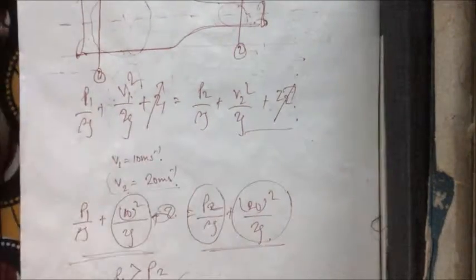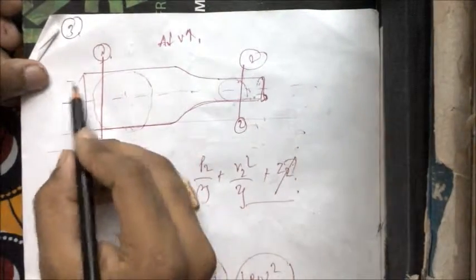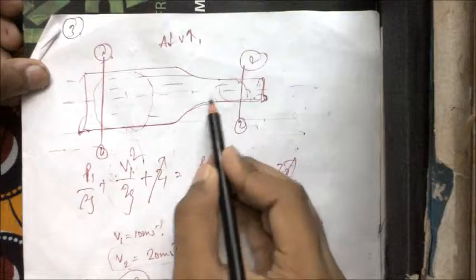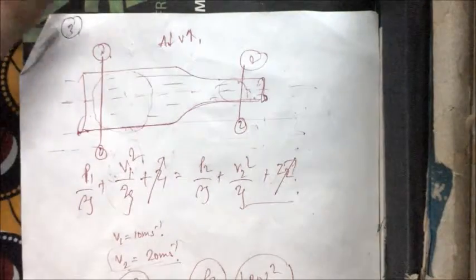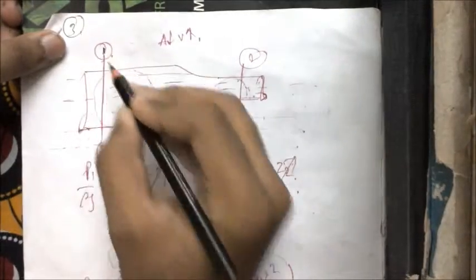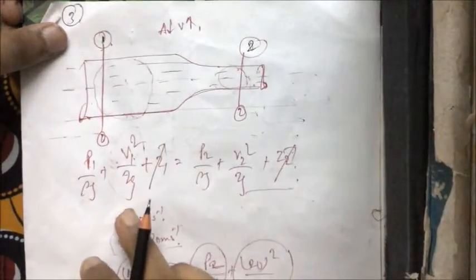Now we are seeing this type of pipe. Suppose my pipe is this, water is flowing through this pipe, and I'll show what will happen if I apply Bernoulli's principle at point 1 and point 2. See, this is point 1.